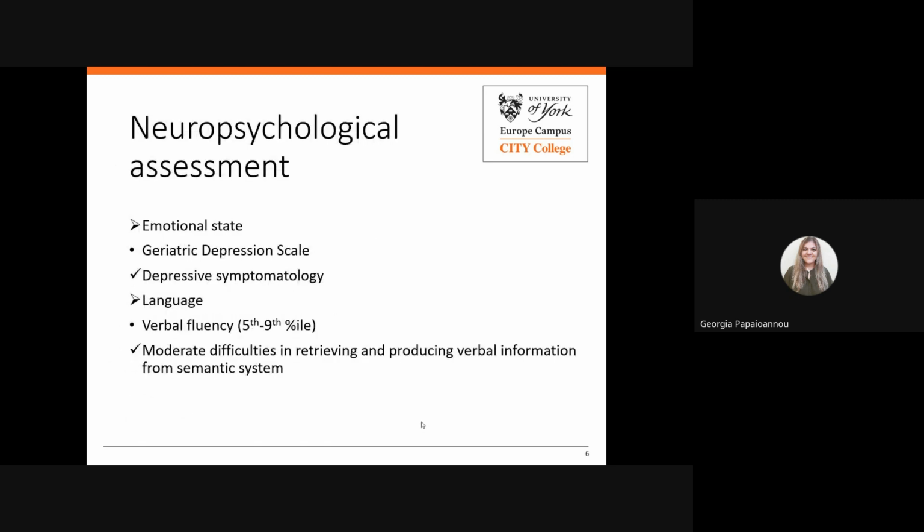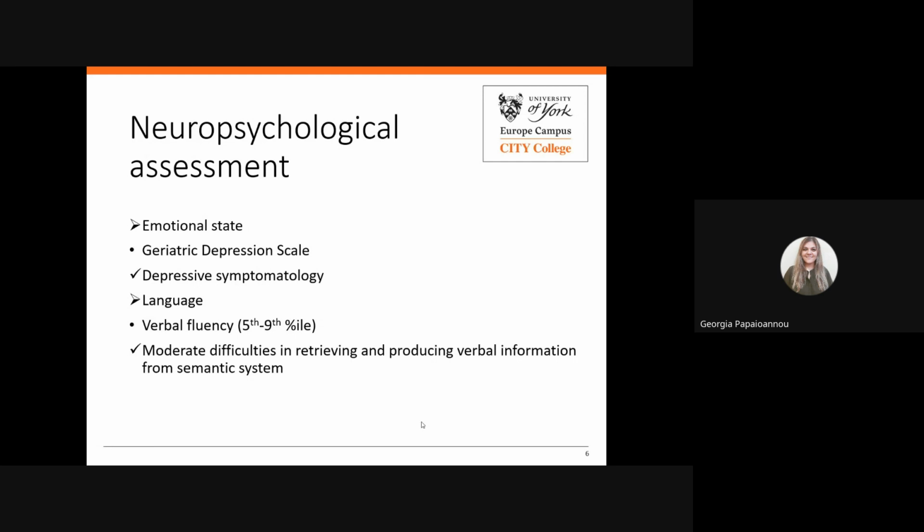So once we have all this information, what we need to do is choose the appropriate protocol with the tools that will help us understand better the problems that have arisen from our patient's condition. In this situation, we have a specific tool chosen for a patient her age that has suffered a stroke.